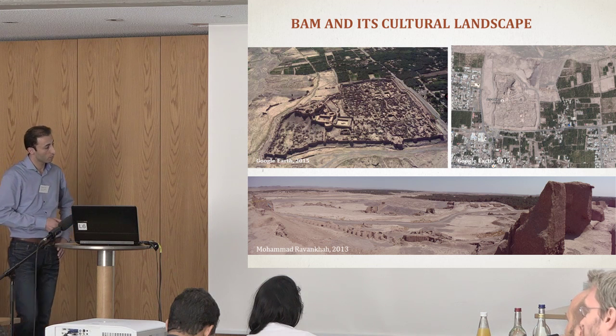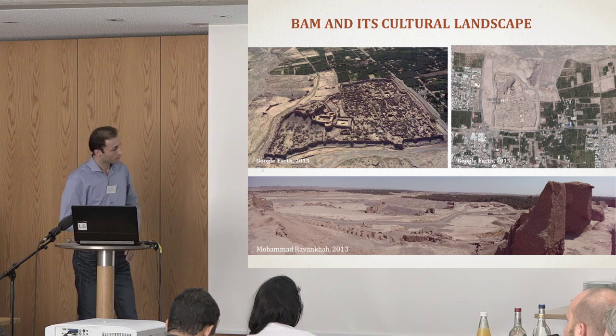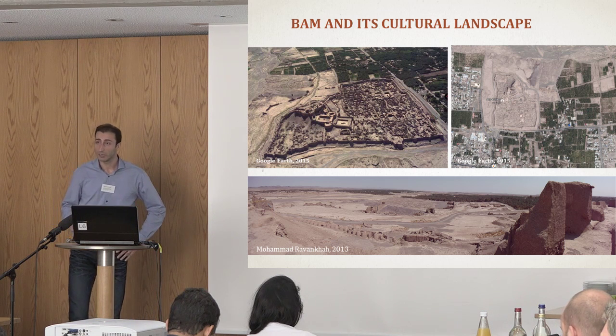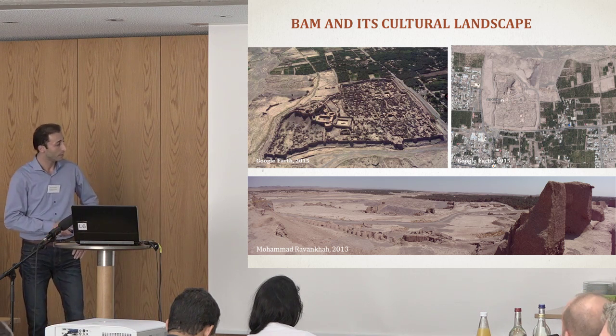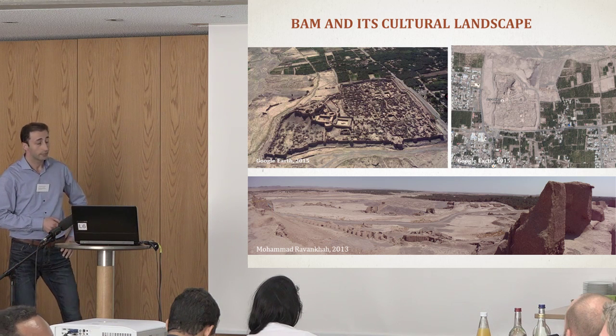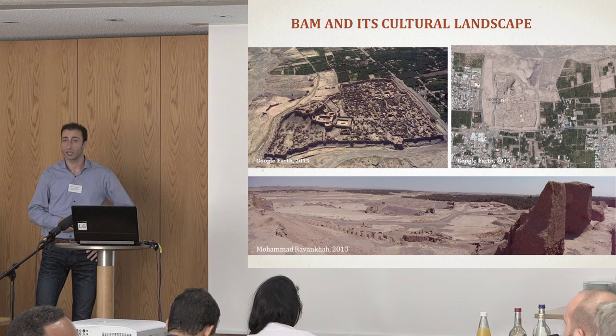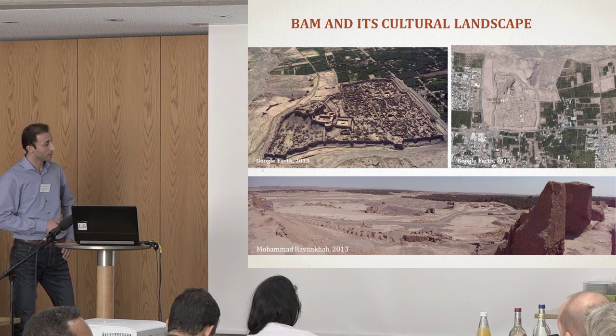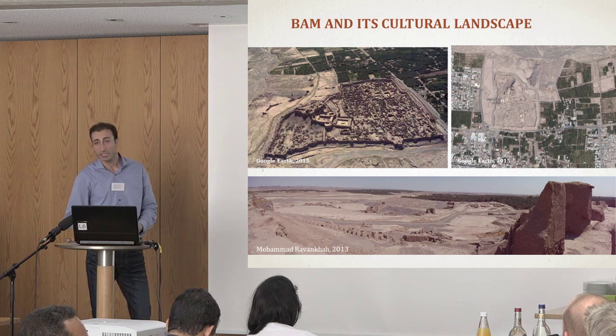And this is also very important because there are different architectural elements remaining, and also there is an ancient irrigation system called Qanat. And it's very important because this is a very creative irrigation system.